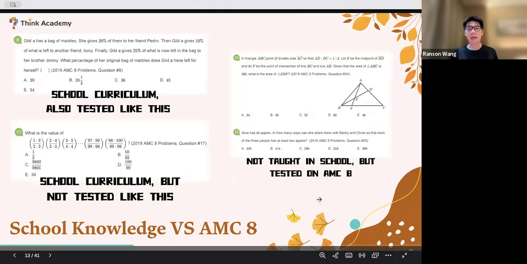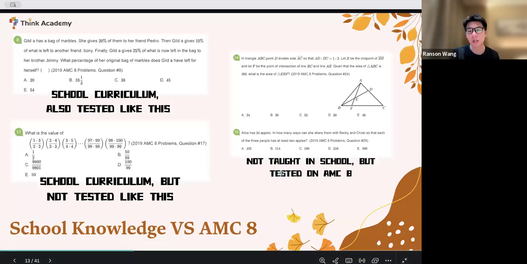Let's also compare school knowledge versus the MCA. Some of the MCA questions actually come from the school curriculum. For example, the percentage word problems are covered in the school curriculum. But pay attention: even though it's covered in the school curriculum, it's probably grade 5 or grade 6 material.